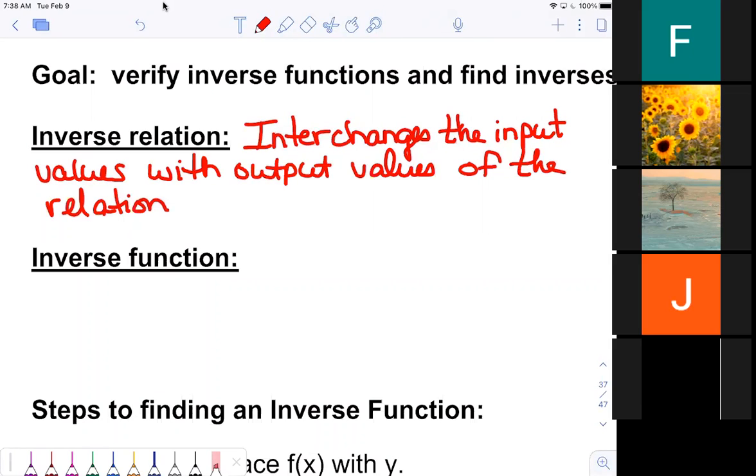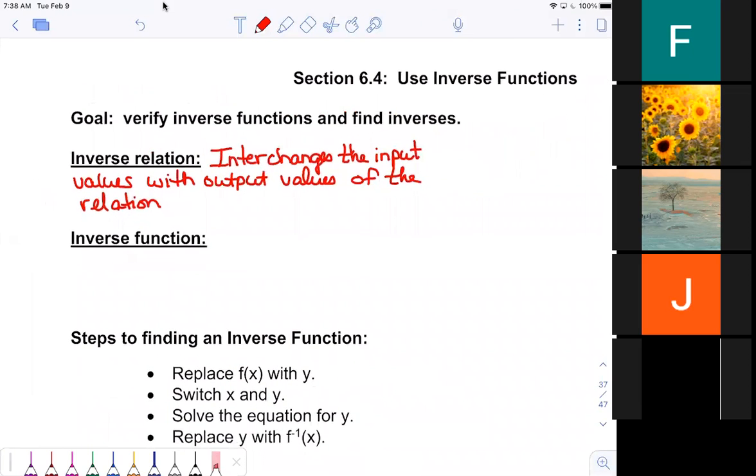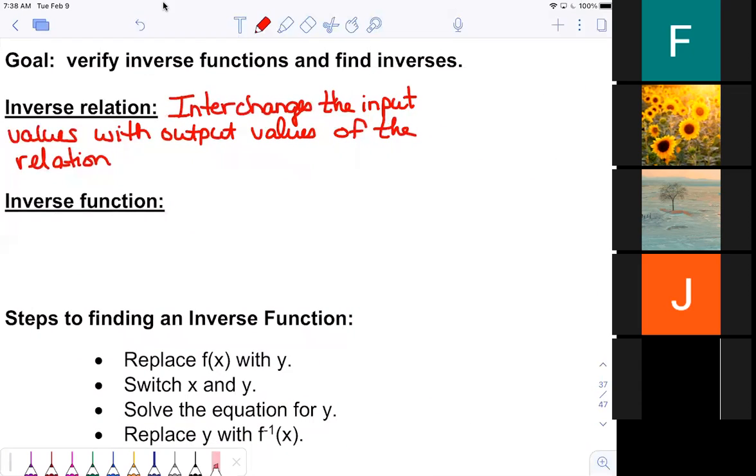So let's talk about what that means. Interchanges the input values with the output values. So we're talking about this word inverse, and it's saying we're interchanging the input with the output values.